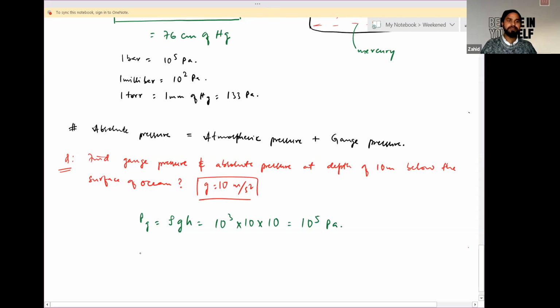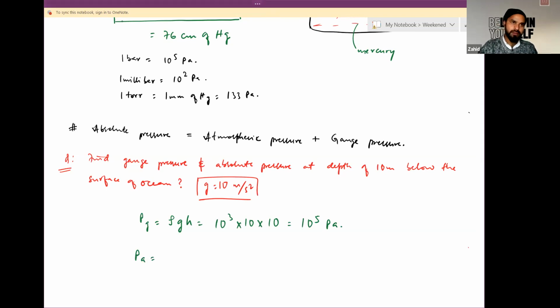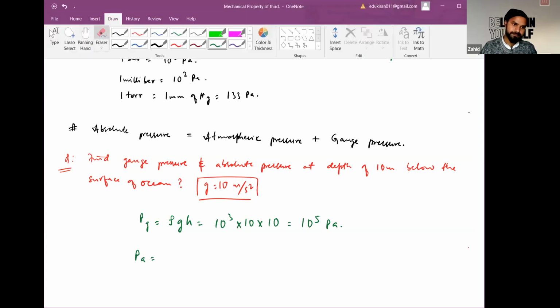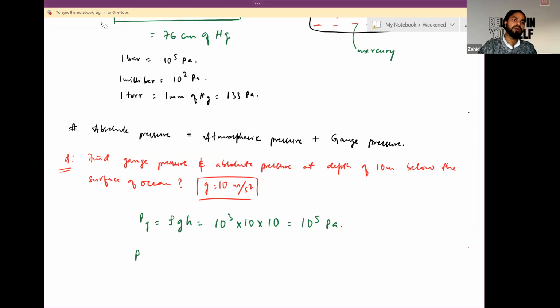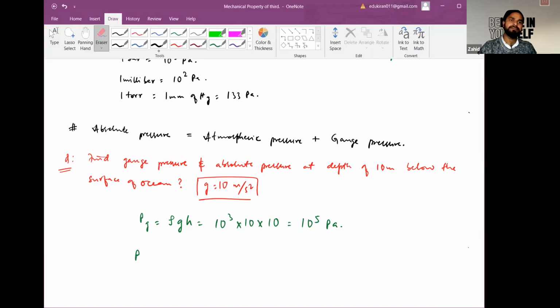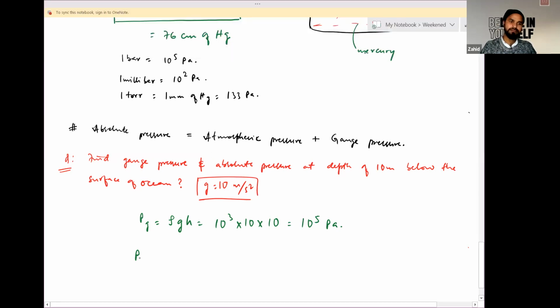For absolute pressure, or you may write it as P net equals to atmospheric pressure plus gauge pressure.